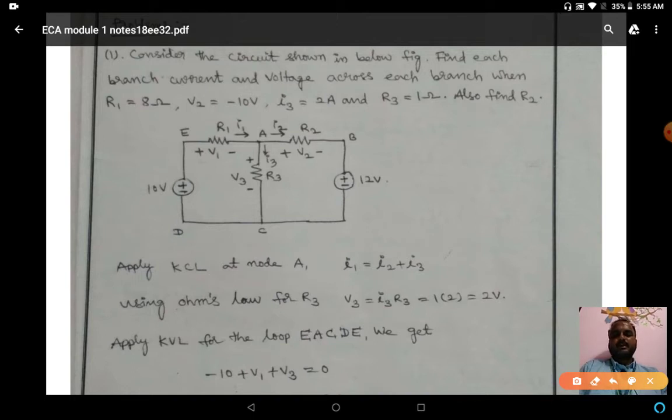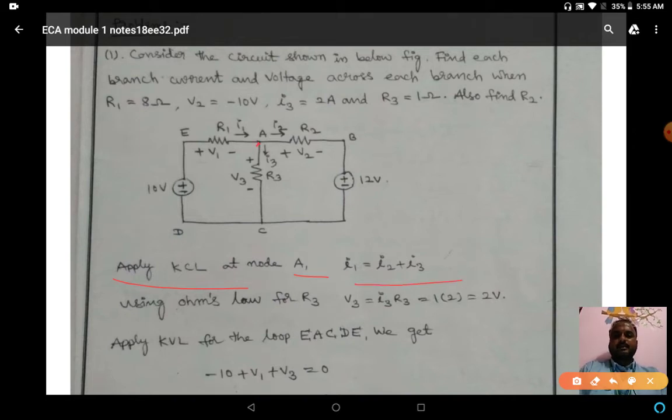Also find the R2 value. Here you just apply KCL at node A.